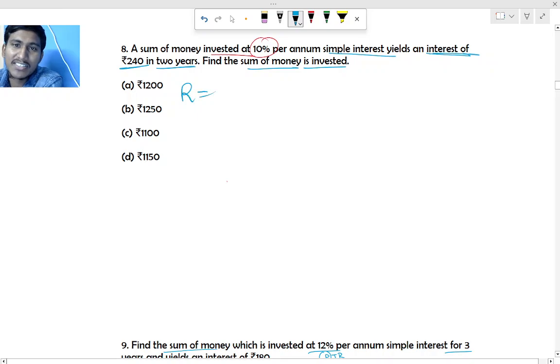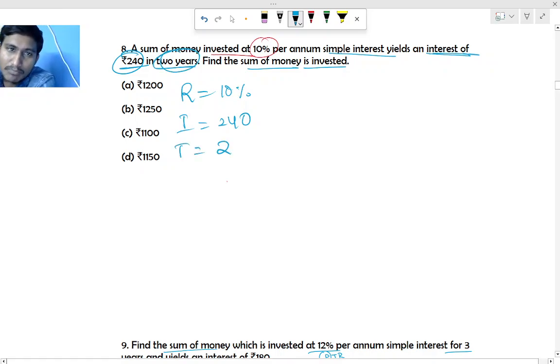Rate of interest is 10% per annum given. Simple interest of 240 rupees is given here. And time is given, 2 years. So here what we have to find? Sum of money invested means principal we have to find. Got it?